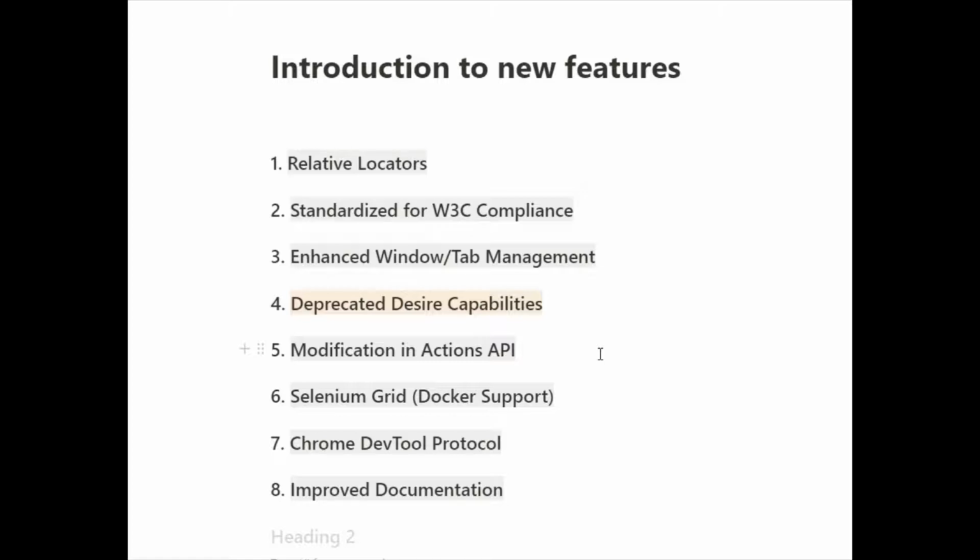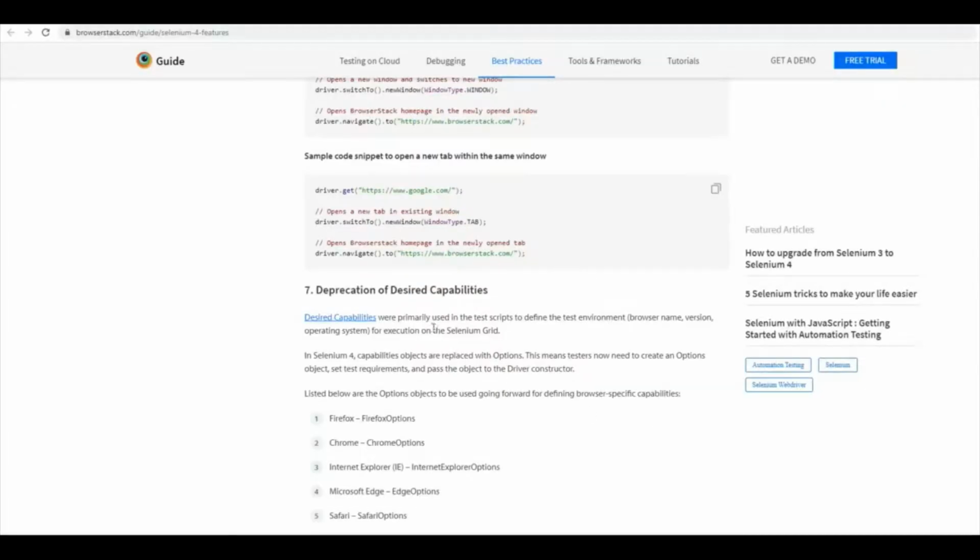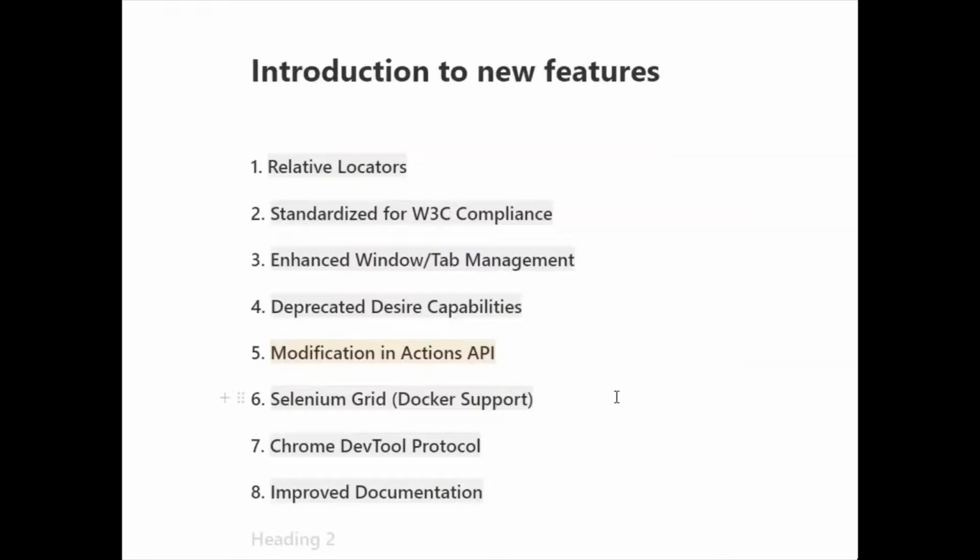These desired capabilities are now deprecated, and instead of that, options are introduced. Let me show you this. Guys, this is not Selenium's official site, this is the BrowserStack site. You can see here that desired capabilities are deprecated, and instead Firefox options, Chrome options, IE options, these are all introduced.